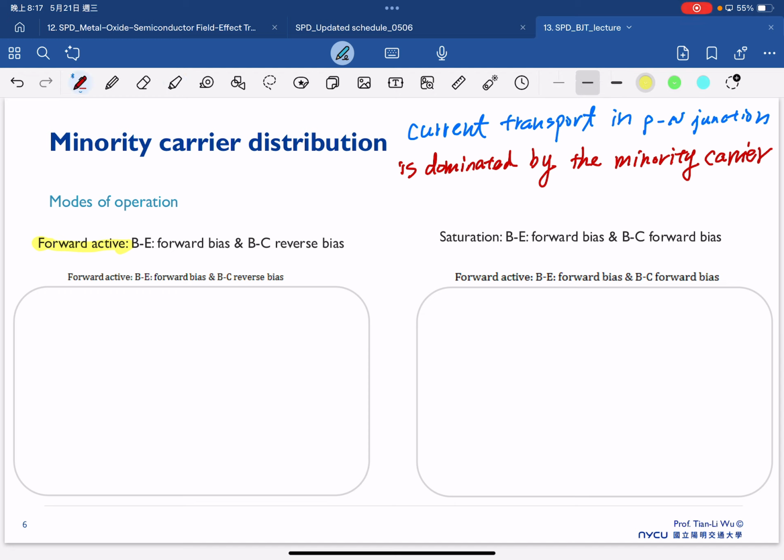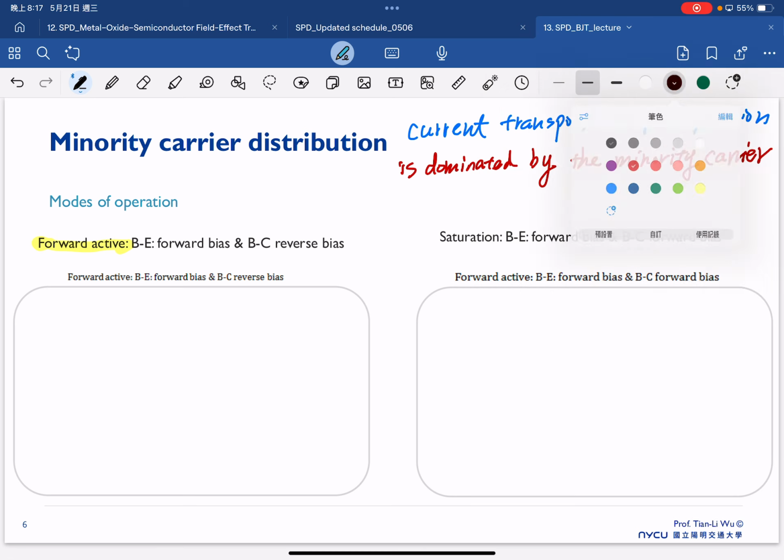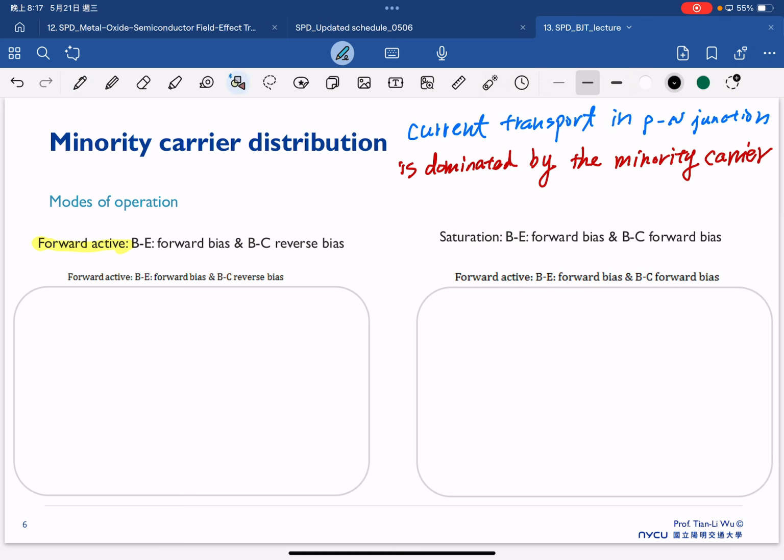So now let's try to draw the minority carrier distribution once. You have to draw it by yourself once, then you will understand, because if you just look at the textbook, sometimes you will be overwhelmed, scared, even shocked by how complicated this distribution can be. But if you do it step by step, it's actually not that complicated.